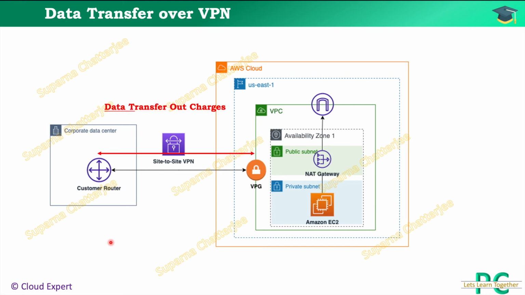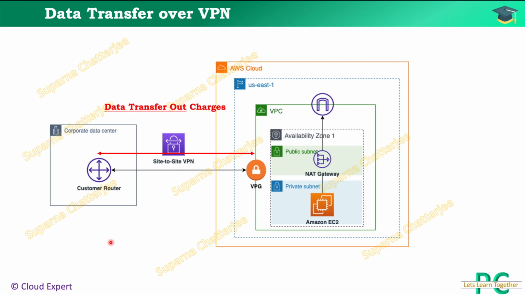To transfer data between your data center and AWS Cloud, the data transfer out charges will be applied. If you remember, at the beginning of the video or at the first architectural slide, we saw that any ingress data transfer is free, but AWS will charge you for the egress data transfer. Any traffic from your corporate data center to AWS Cloud is free.